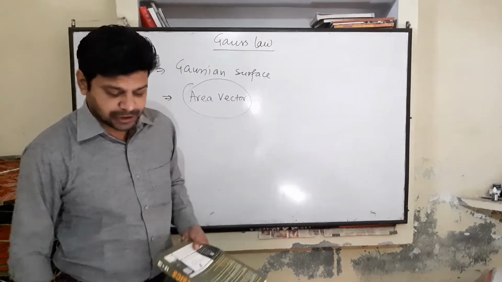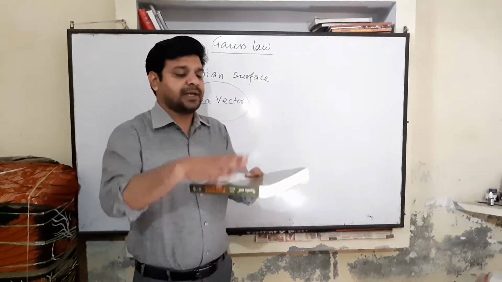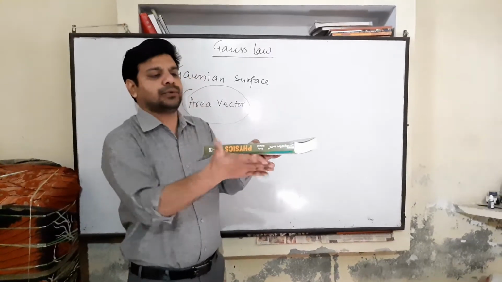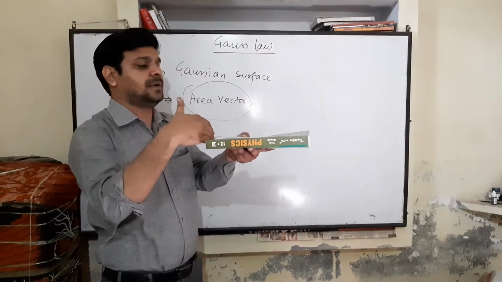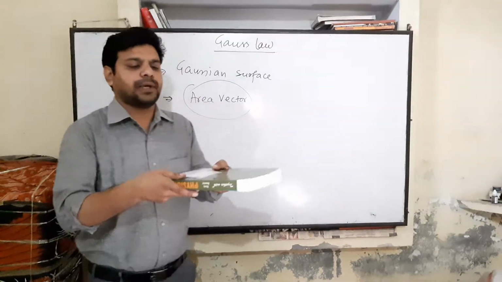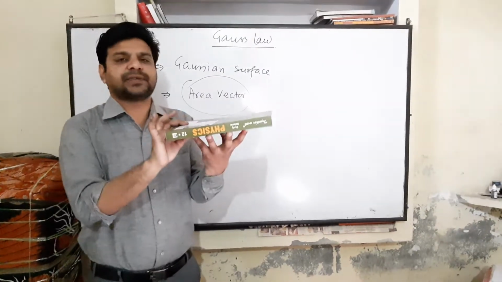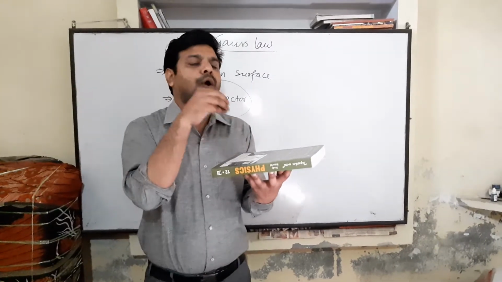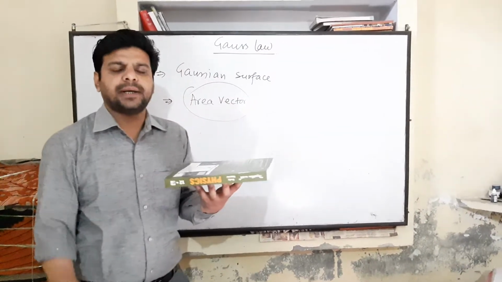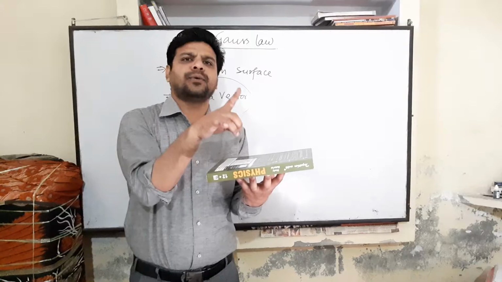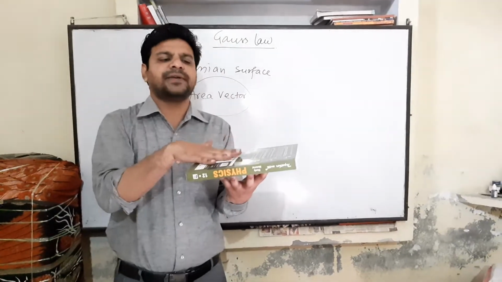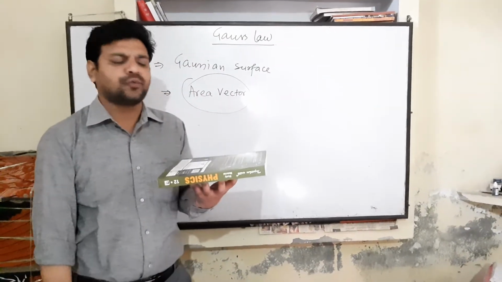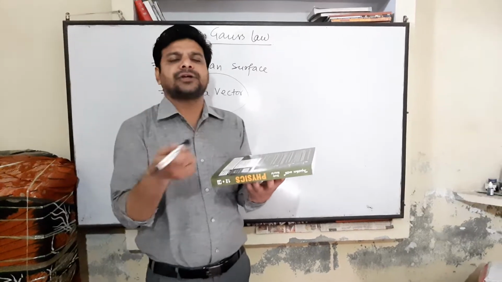Then this book has 6 surfaces: 1, 2, 3, 4, 5 and 6. Then we can draw an area vector on each surface. Remember, area vector is a perpendicular drawn on a given surface in the outward direction. It tells the direction of that surface.